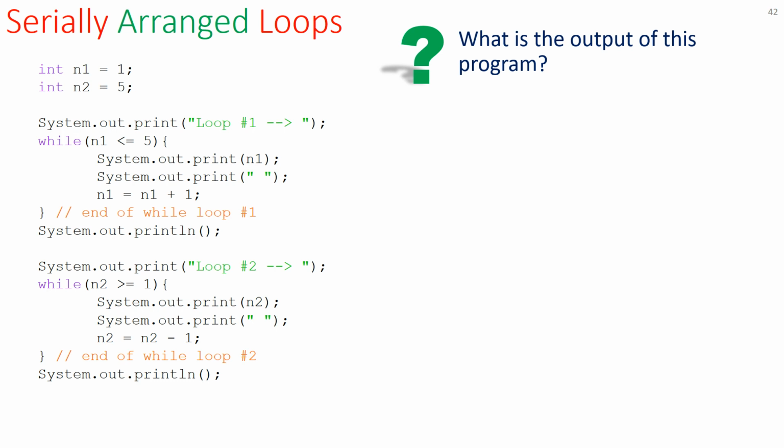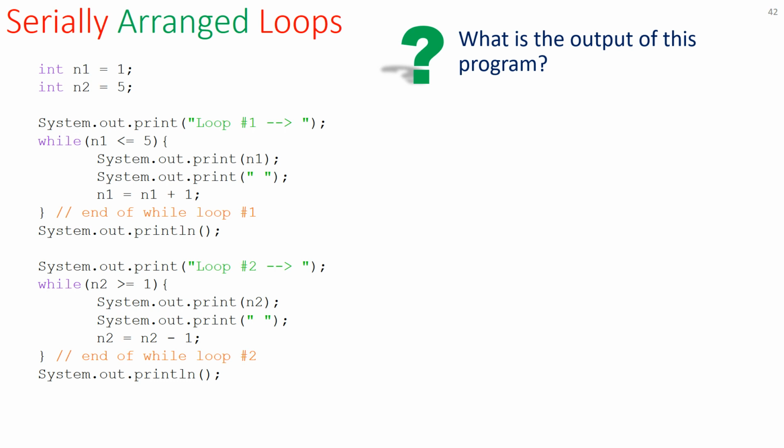So here I display loop 1 as a header. This is what loop 1 is doing. Then this is what loop 2 is doing. Inside the loop, every time it displays the value of the variable n1, or the value of the variable n2, followed by a space, and keeps doing that. So those loops display numbers one after the other on the same line.